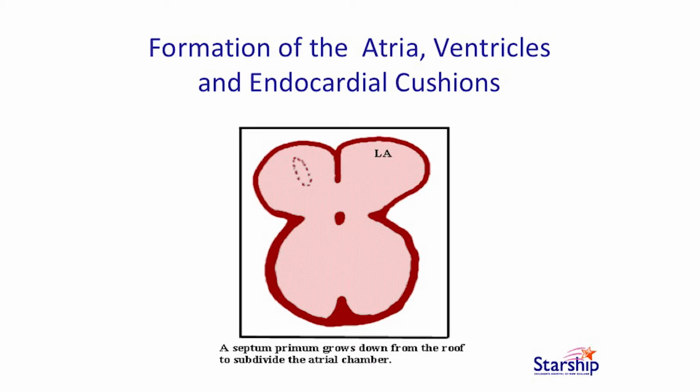So at the same time as the atria is dividing, so these endocardial cushions are coming towards each other, and we get the common atria, you get this thing called the septum primum that starts to grow down from the roof of the atria to start to subdivide the atrial chambers.